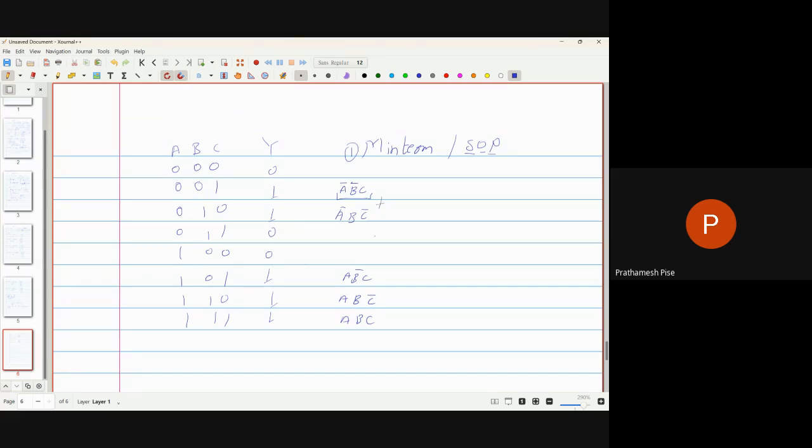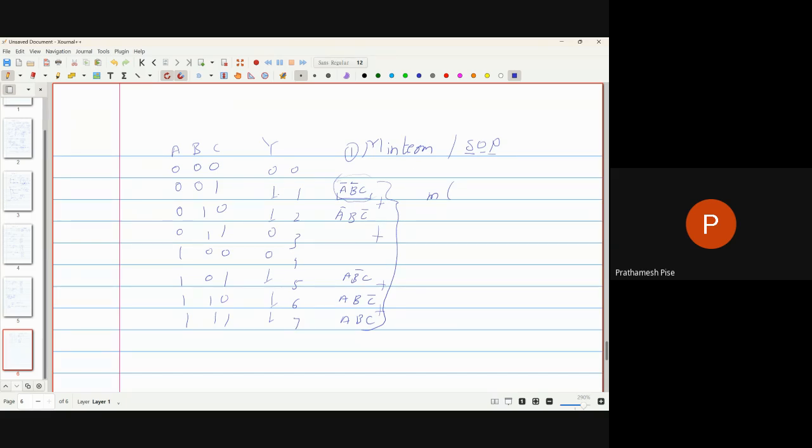So we will OR all these terms, and the equation generated is a sum of products, because these are products, sum of products, SOP, also called minterm. Minterm representation also works in this way. We can say this is 0, 1, 2, 3, 4, 5, 6, and 7th.